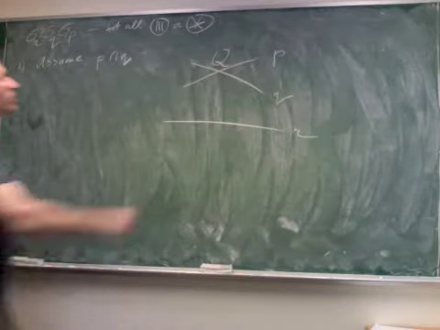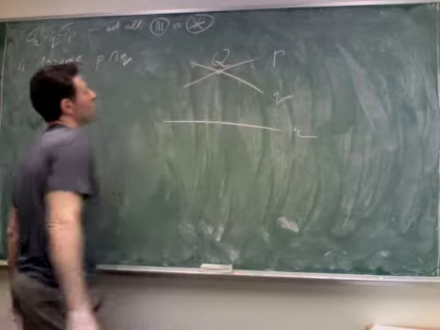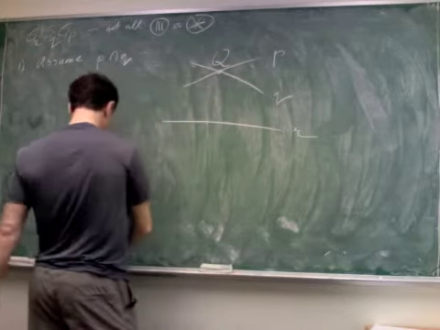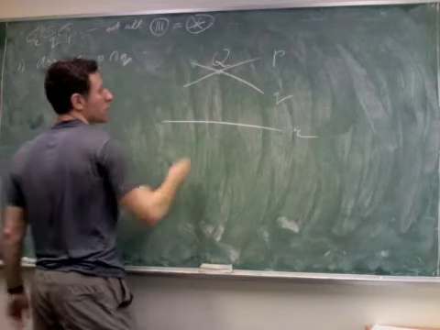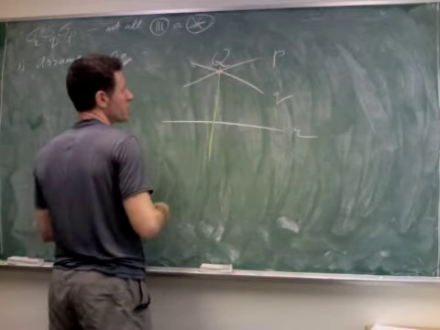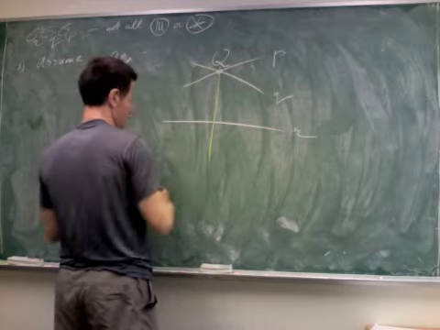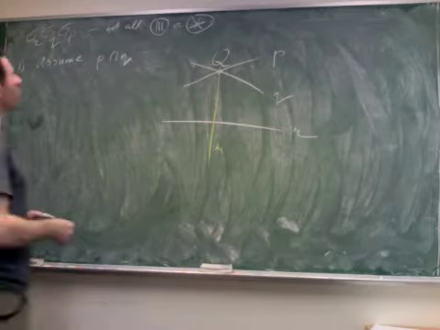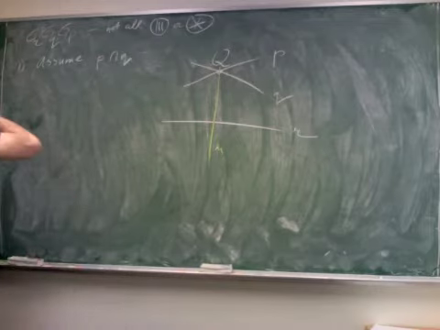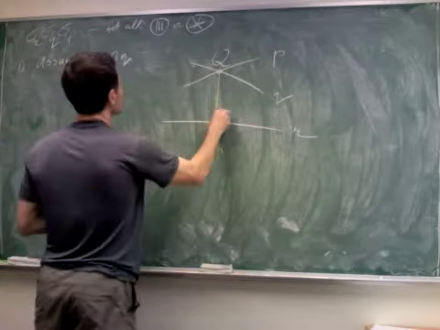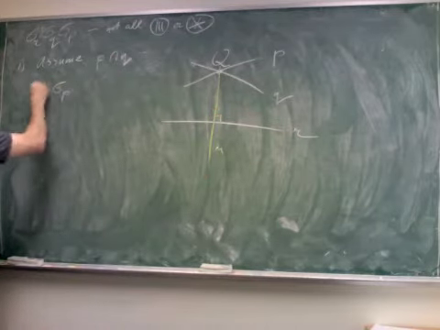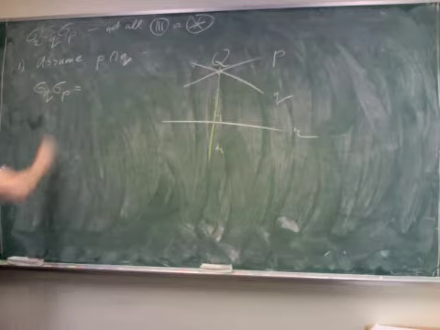So this point Q is off line R, and we can drop the perpendicular onto R. Let's call this M. And then we can rewrite the product of reflections in P and Q. How do we want to rewrite it?